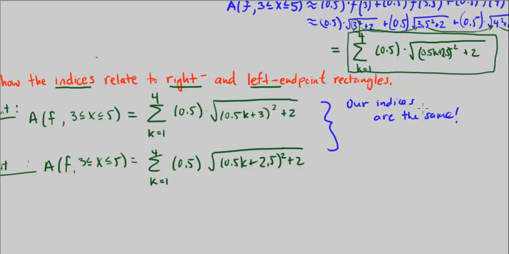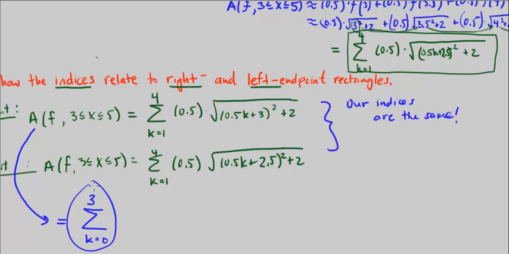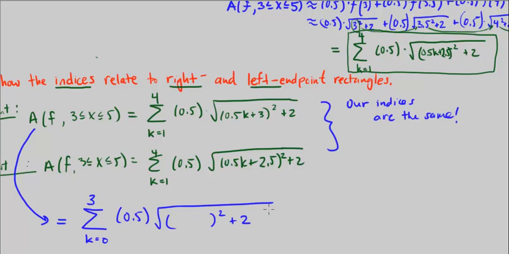But could we have done this differently? Yes, we could start from anywhere. What I mean by that is, what if we were to start with the index 0 for this one? Let's write an arrow from that one and say, what if I start at index k is equal to 0? Then I want to go from 0 to 1 to 2 to 3 to be done. I don't go to 4 because I have zero as one place. And it's going to be 0.5 times the square root of something squared plus 2.